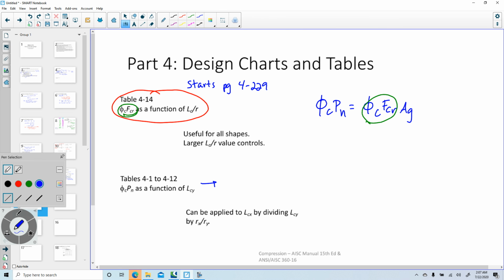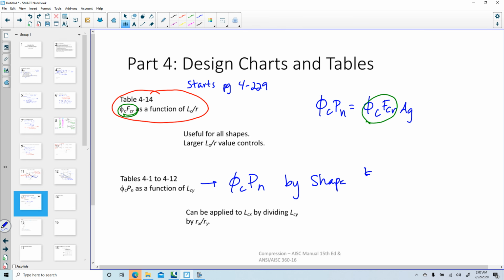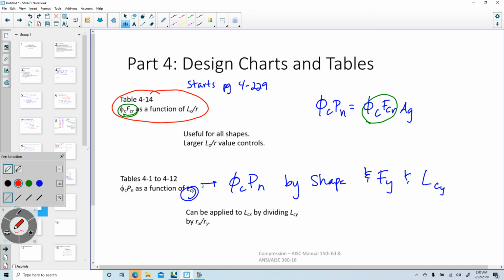So these are phi Pn by shape and FY and our effective length in the Y direction.